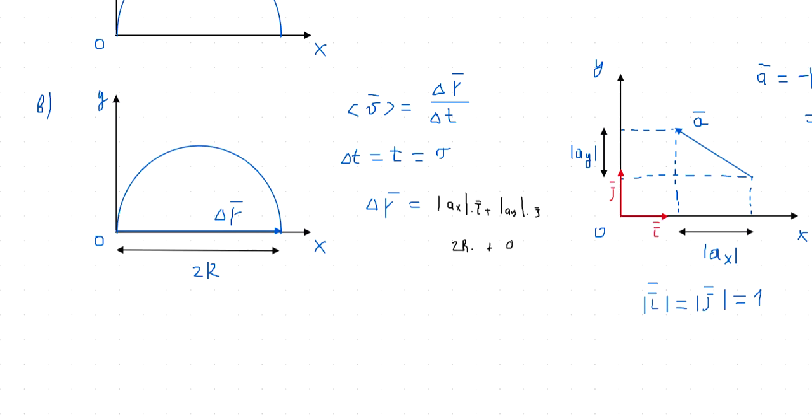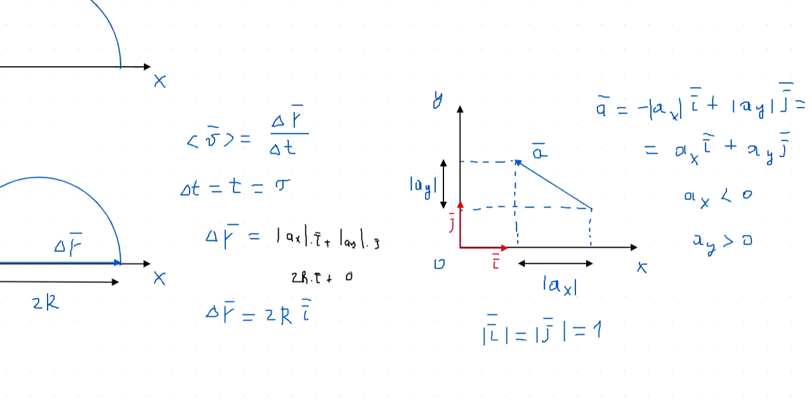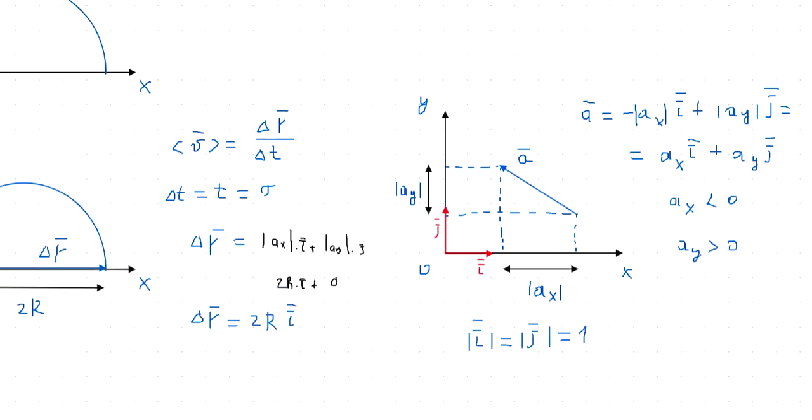Should I show the symbol again? I have understood this idea. Yes, that's correct. So we have found that this is equal to 2r multiplied by i. So we have found a displacement vector.